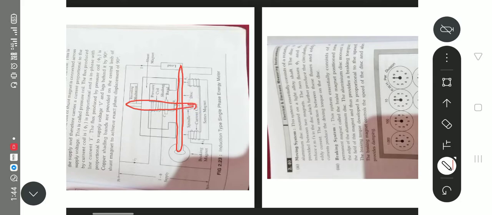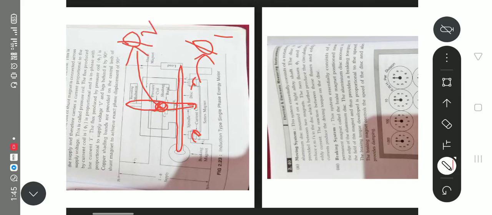Whenever we give the single phase AC supply here, fluxes will be generated in the pressure coil and current coil. The current coil generates flux phi 1, and the pressure coil generates flux phi 2.